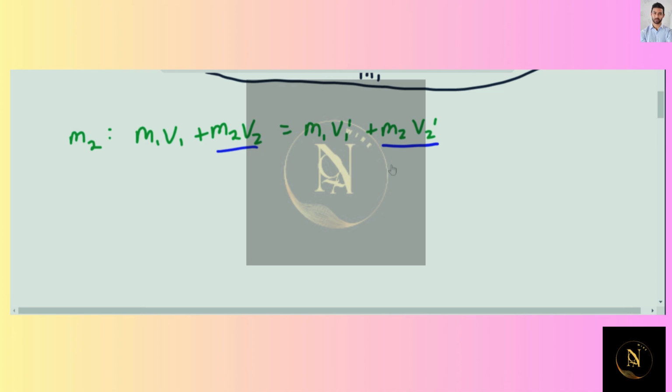So in other words, I'm going to start by subtracting m2 v2 prime from both sides of our equation, because they'll cancel on the right. And at the same time, I'm going to subtract m1 v1 from both sides. That way we'll have the m2s by themselves, because these terms will cancel.